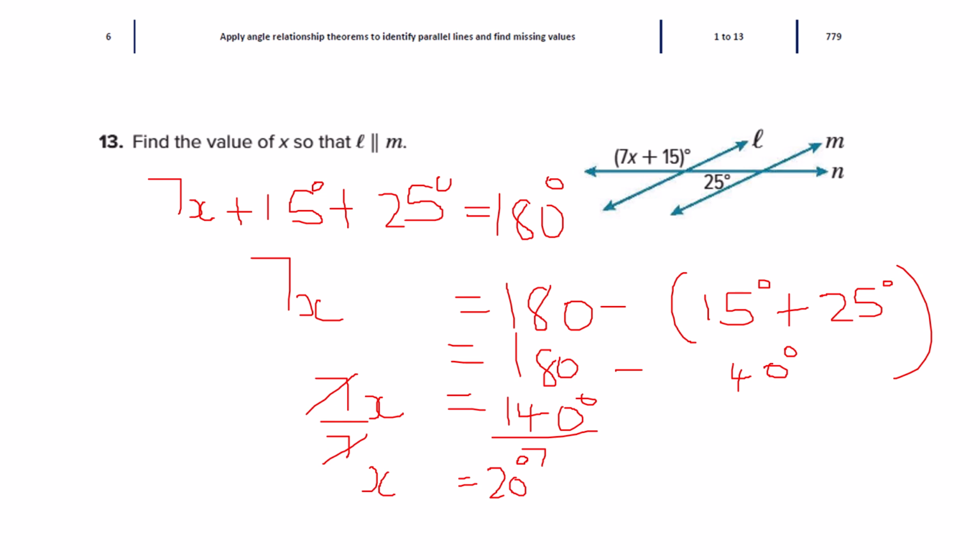So substitute. 7 times 20 is 140 plus 15 will give me 155 degrees. 155 degrees plus 25 degrees equals 180 degrees.